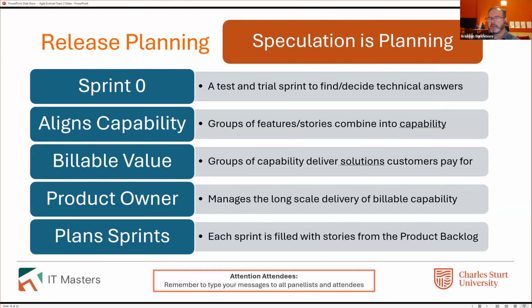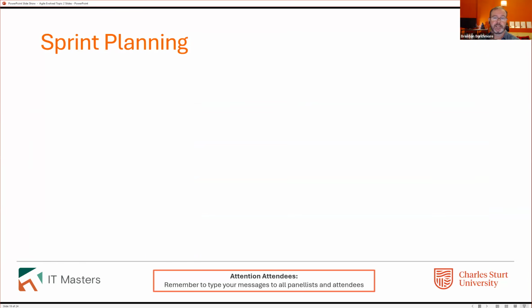And if you haven't got enough knowledge of which capability a user story belongs in, then you haven't explored that user story well enough to know. And once you know that and you can put it in, then you've got this strategic framework. That's release planning, because a release is multiple sprints put together, and it says we're now going to release this because it all works together as functionality.